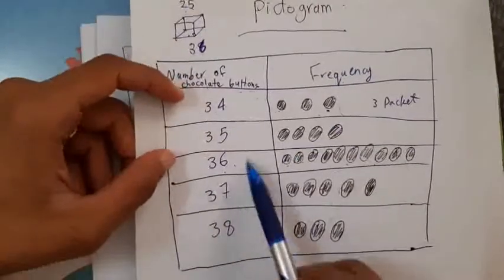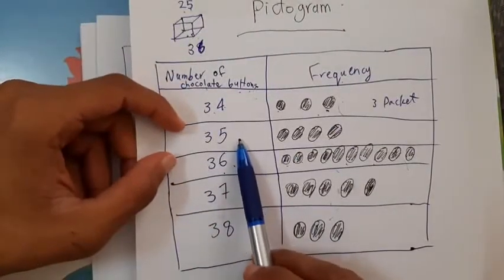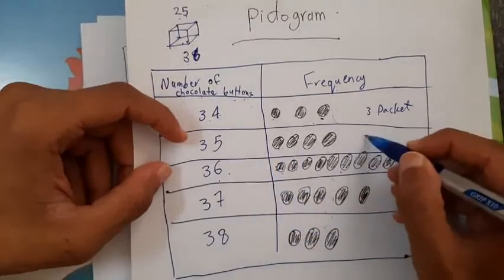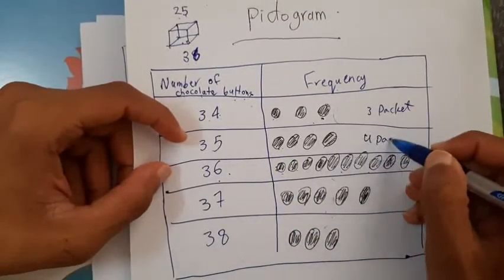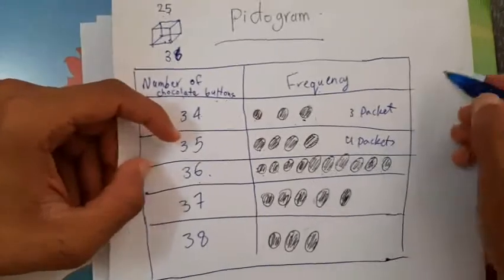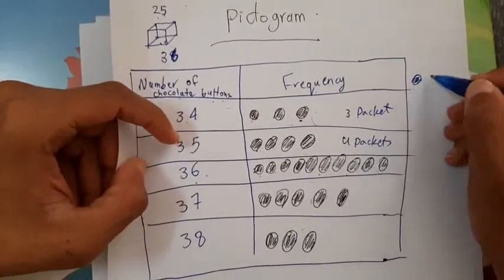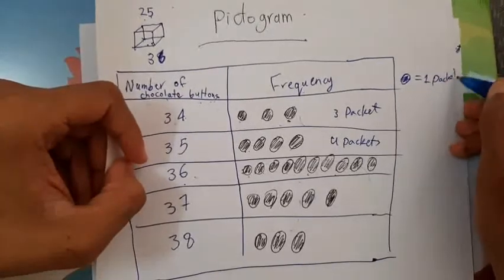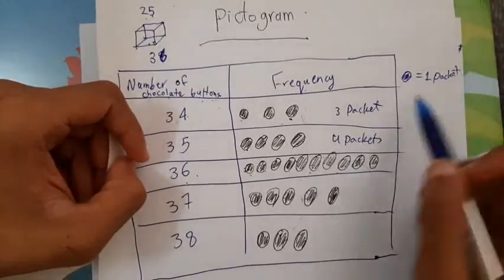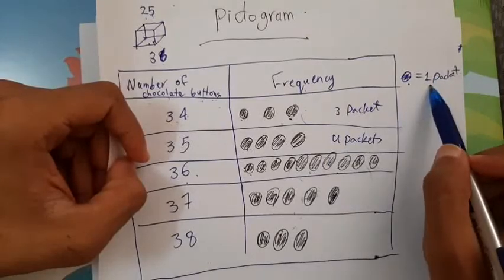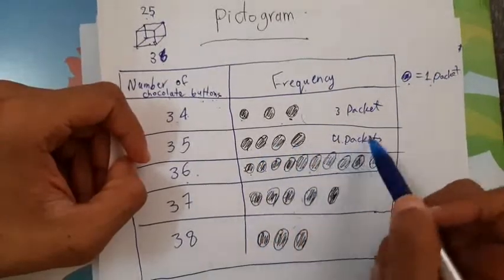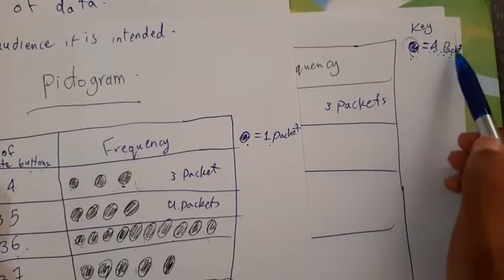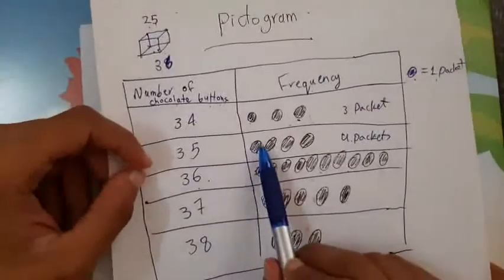What about 35? 35 in the previous pictogram used to have 4 packets, right? In that example, 1 circle equals 1 packet, right? So 1 circle, 1 packet means 1, 2, 3, 4 packets. But here 1 circle represents 4 packets, so I have 4 packets here.